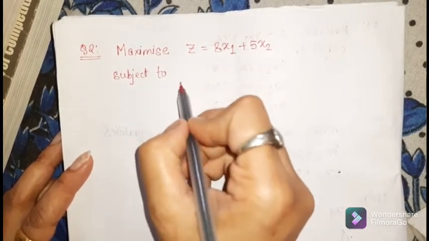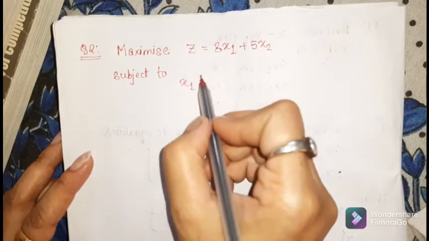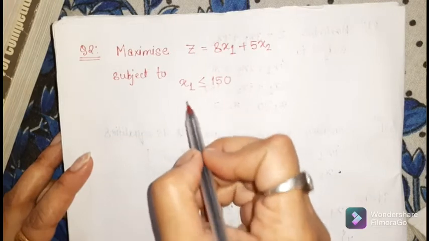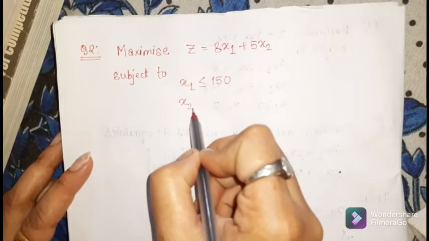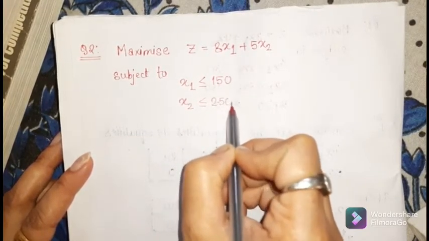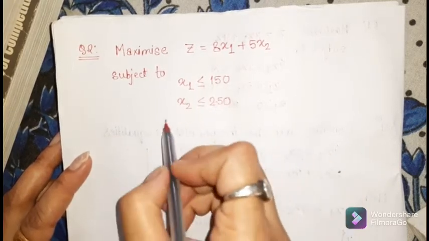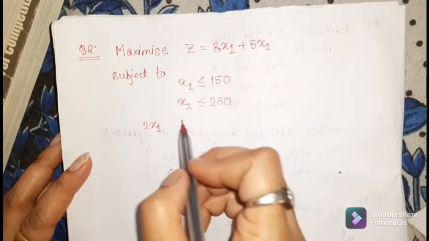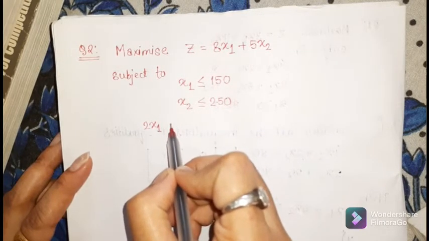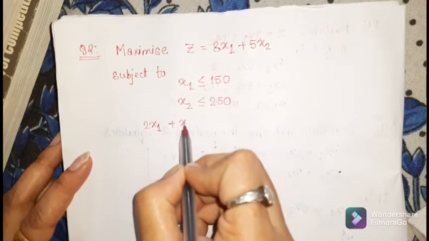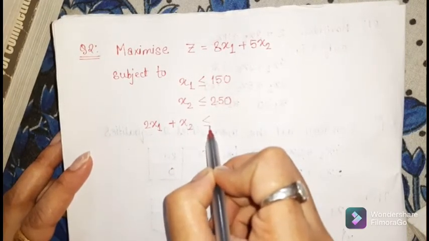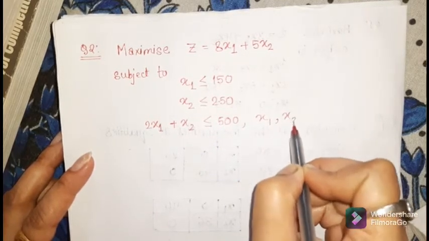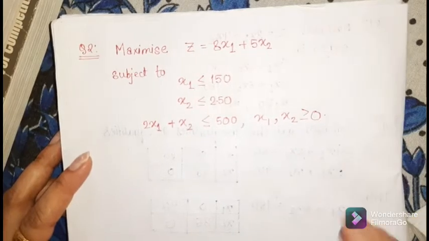x1 less than or equal to 150, x2 less than or equal to 250, 2x1 plus x2 less than or equal to 500, x1 comma x2 greater than or equal to 0.